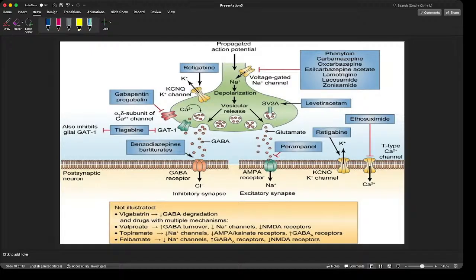So that's pretty much the whole lecture on this. This is just a bigger diagram here, and that will help you see things a little bit better.